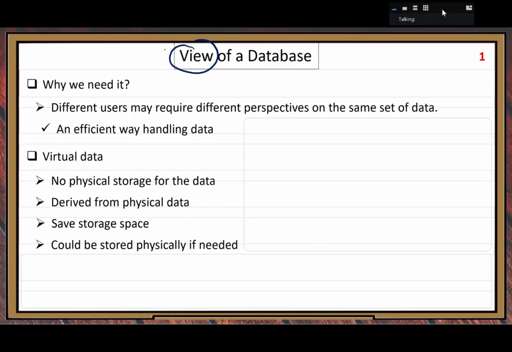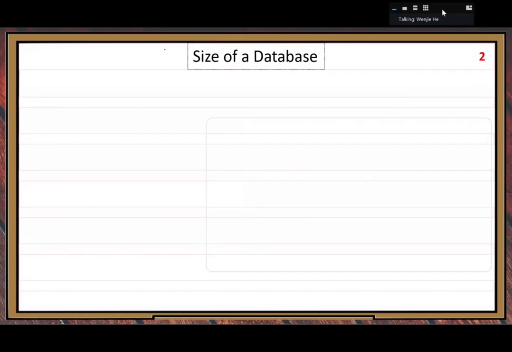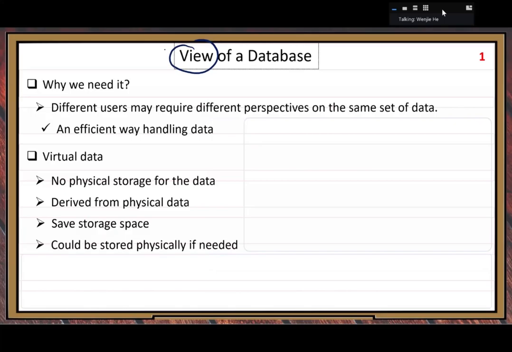Let me explain another reason why we want to do it this way. Why this feature? Let me complete this slide with another important piece of information. You need to imagine how to derive data.